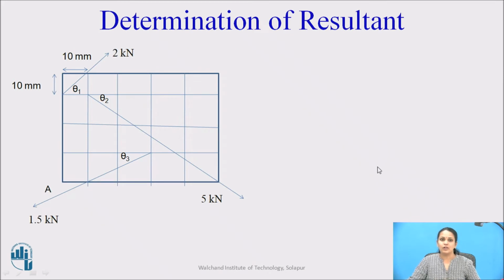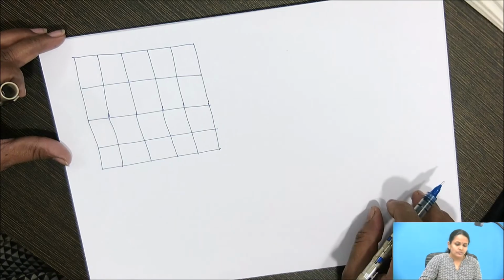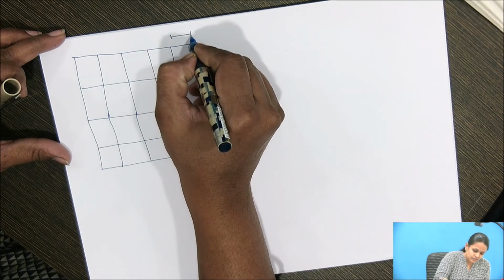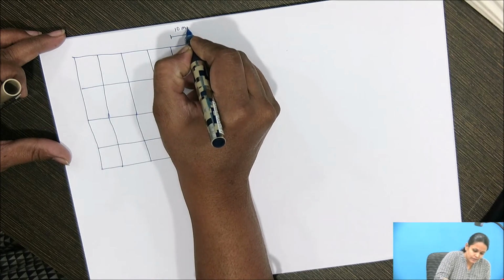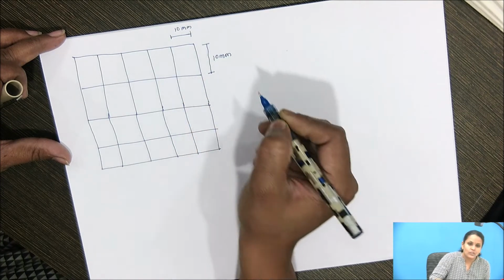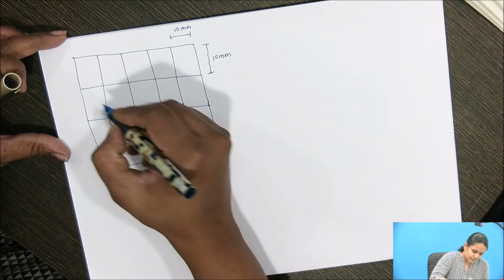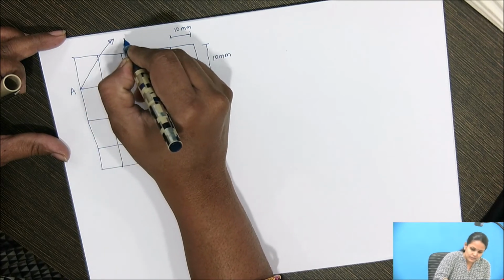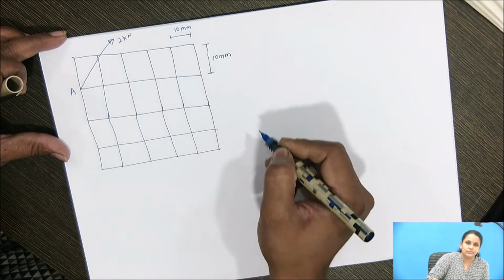Now we will see how to calculate the resultant force of this given non-concurrent force system. In this question they have mentioned the dimension of each square is 10 mm. First force is acting at this point A, so it is acting like this. It is of 2 kilonewton.